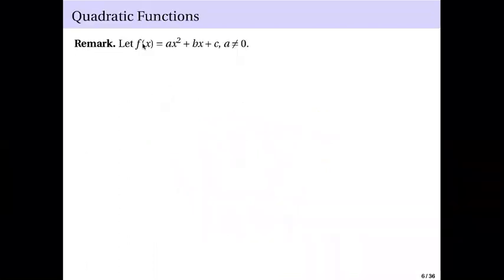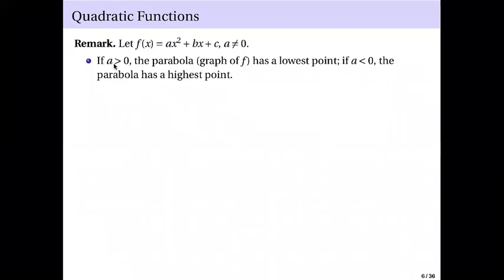Now, let us consider the function f of x equals ax squared plus bx plus c, where a is not equal to 0. So let us look at some more properties of this function. If a is greater than 0, the parabola, which is just the graph of the function f, has a lowest point. Take note that if a is greater than 0, the parabola opens upwards, and therefore it has a lowest point.